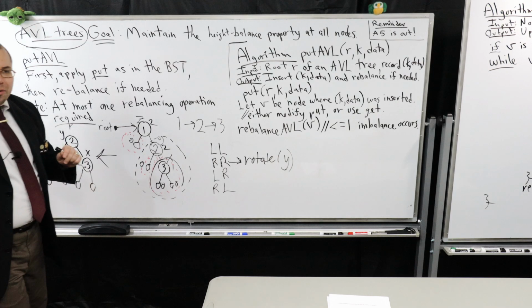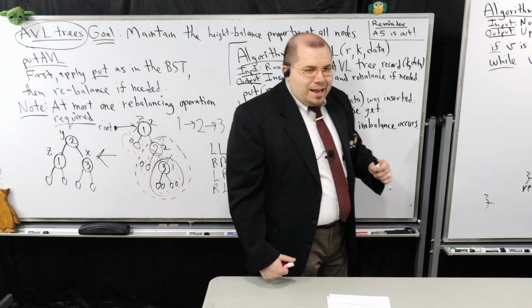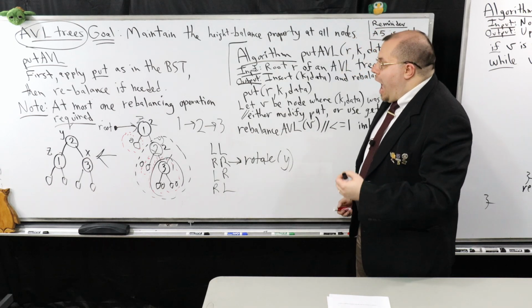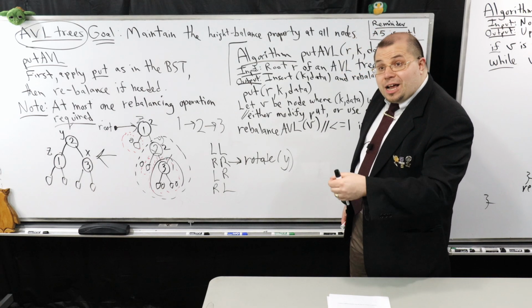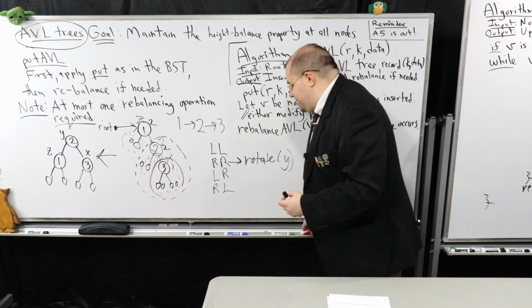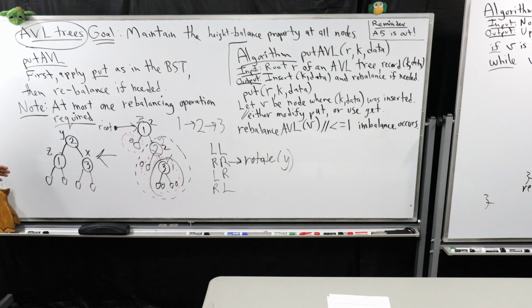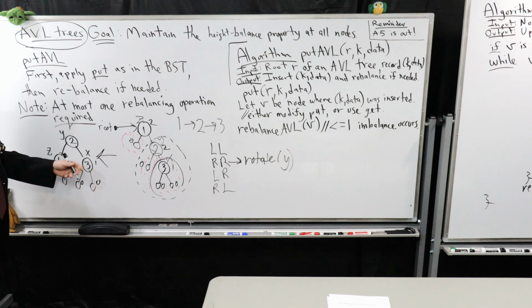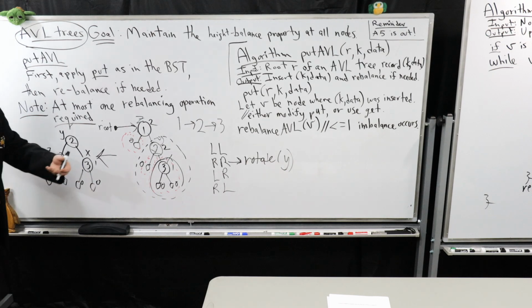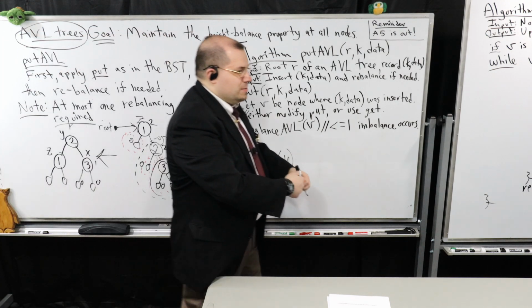I want you to take note of that because notice that the heights don't matter in this case. However, some of these might actually change their heights. By demoting one of these, you're potentially changing a height here. So for example here, when I made this operation, notice that X had a height of 1, right? Its height didn't change at all. This is because all I did is I just dragged it along with me, just like the string getting pulled across the hanger.